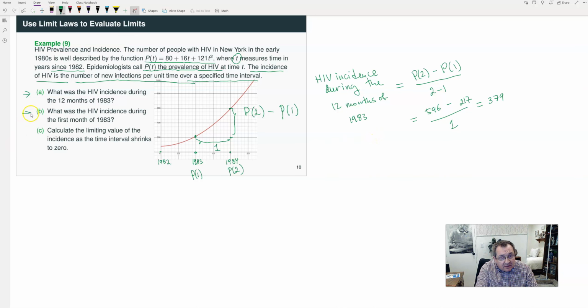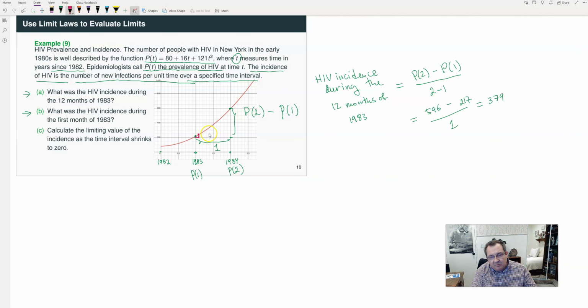Very well. Let's take a look at the second question. What was the incidence during the first month of 1983? The first month would correspond to 1/12, and it's a little hard for me to show 1/12, but I would probably say somewhere here. I am approximating 1/12 to be just that little portion.